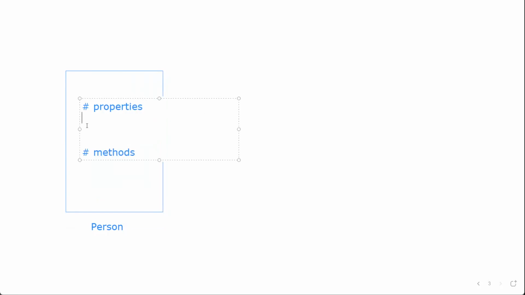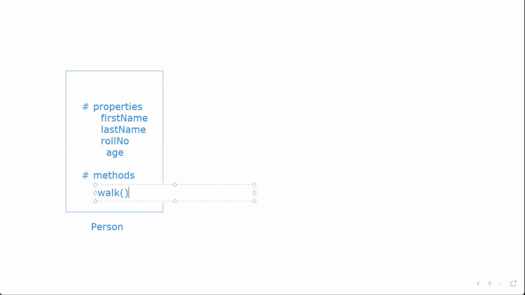Properties can be, let's say for a person, first name, last name, roll number, age, and methods can be walk and talk.